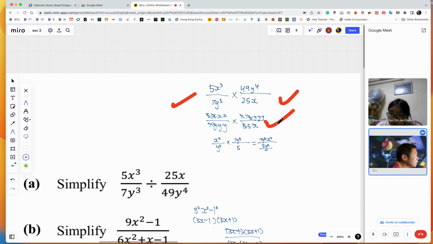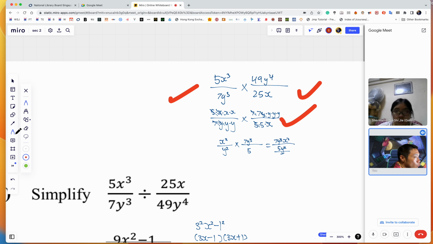But when it comes to cancellation, I'm not happy. Do you know why I'm not happy? Why don't you do it just in one go? I still see an opportunity to cancel the double y. Just cancel the double y. Then what are you left with? 5x gone, so x is still on top. What is still on top? 7y. 7y on top.